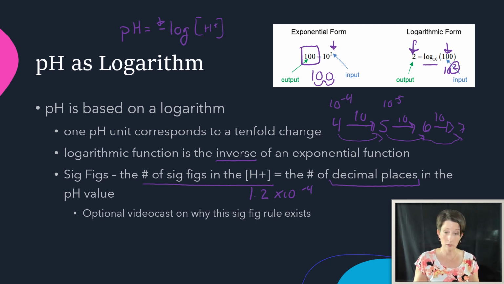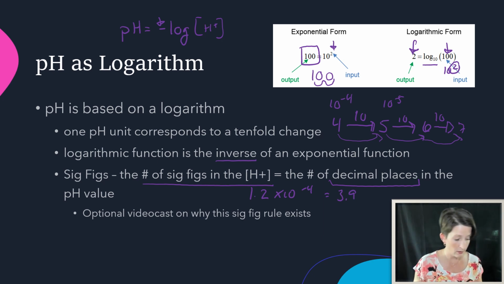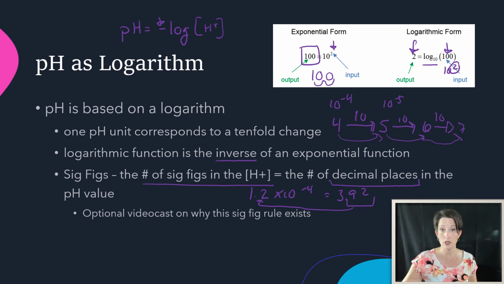That's why you don't just randomly do things, because then you don't know what the number is. Taking the negative log of 1.2 times 10 to the negative 4 gives us 3.9208, and so on. So it's going to be 3.92. It is 2 decimal places that provides us the 2 sig figs that were in the concentration.